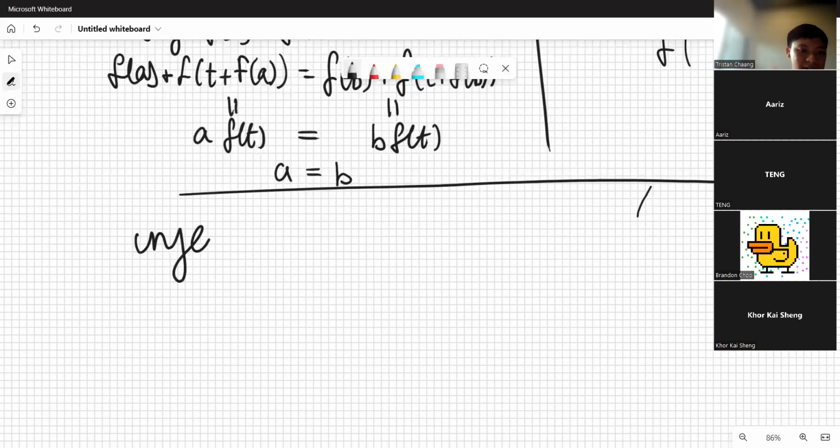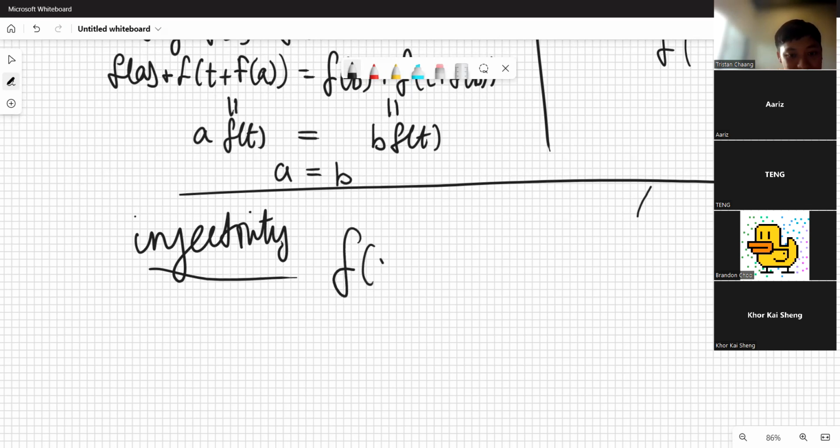So injectivity, what does it allow you to do? It allows you to conclude, let's say you rearranged and manipulated the equation to be something like f(xy), let's say something like that, whatever, equals f(y) or something.